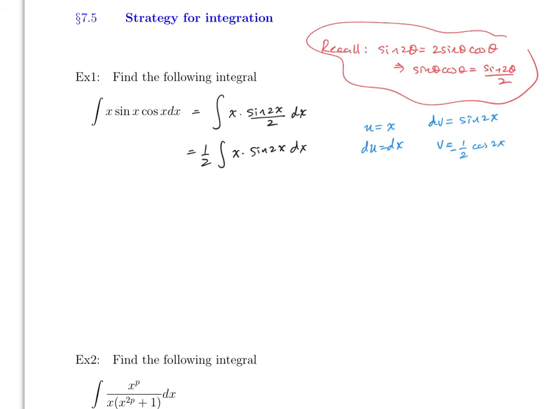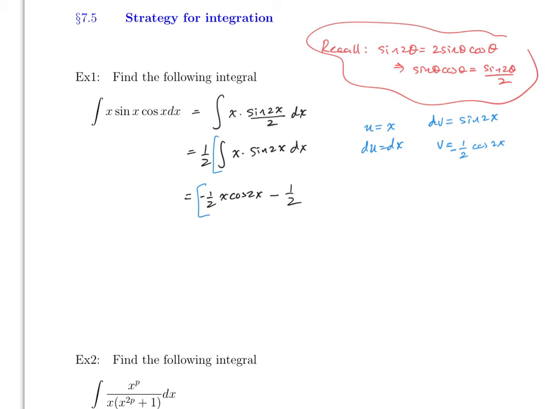No, it has to be minus, because the derivative of cosine is minus sine. Okay. So then, by integration by parts, it should be uv, which will be minus 1/2 x cosine 2x, then minus the integral of v du. Or all of this is multiplied by 1/2.